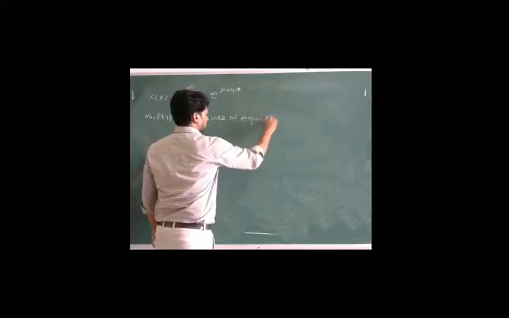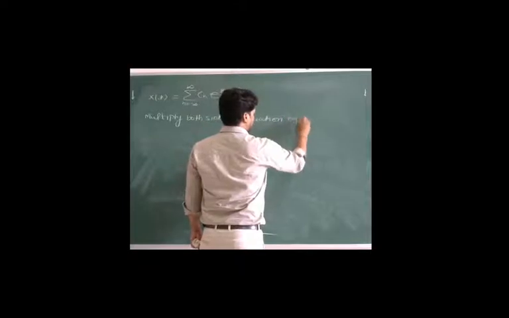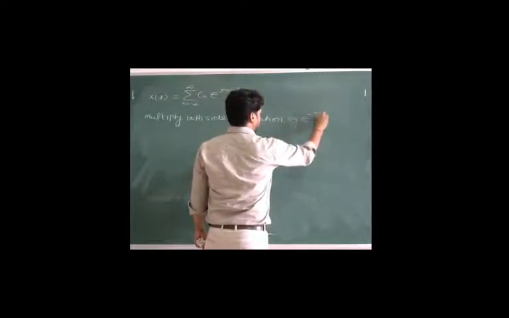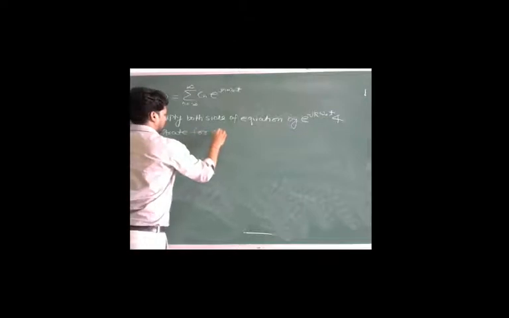To calculate the C_n, we have to multiply both sides of the equation by e^(-j k omega naught t) and integrate for one time period.